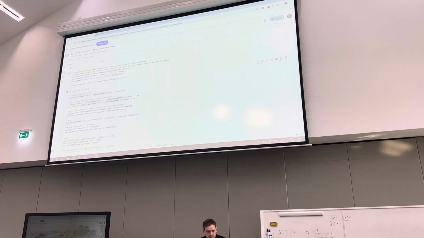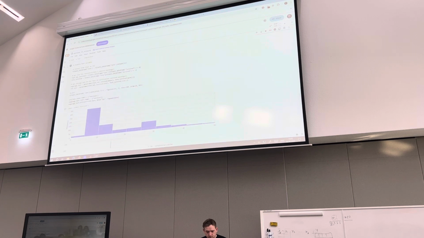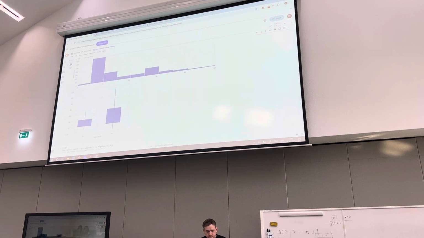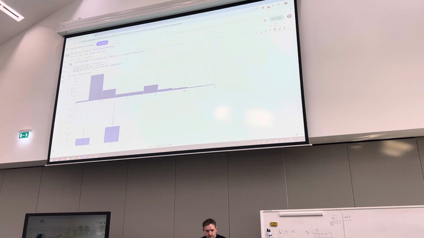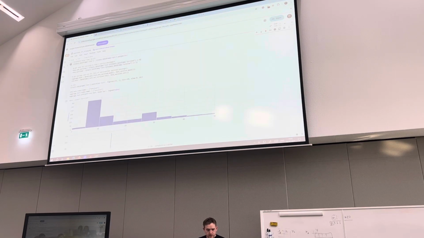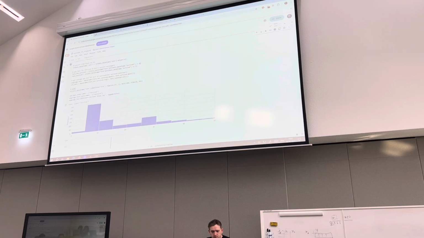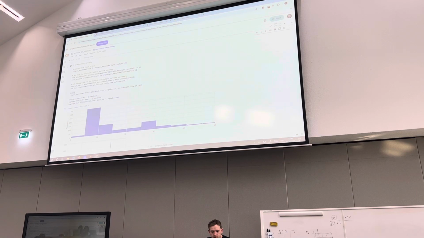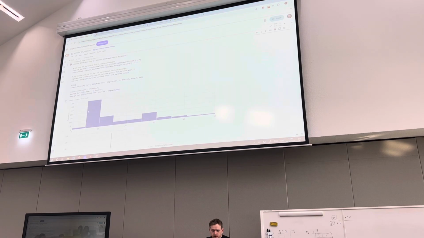Okay, let's move next. Let's examine the fare variable. This is the price of the ticket. What do we have here? Let me see. So I think the first one is a histogram of fares, right?